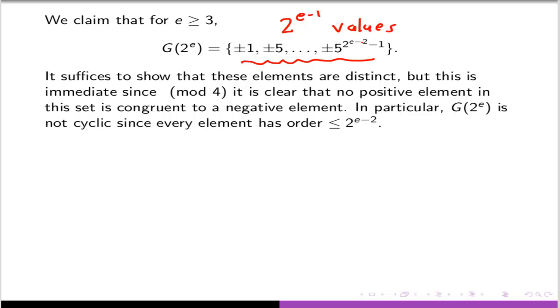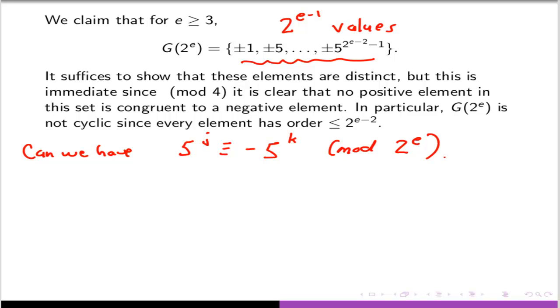So the question is, is it possible for one of the positive powers of 5 to be congruent to a negative power of 5? Let's consider that down here. Can we have 5 to the j power congruent to minus 5 to the k power, mod 2 to the e, for some j less than k between the listed values right here?